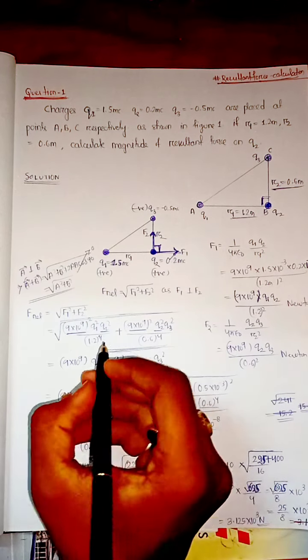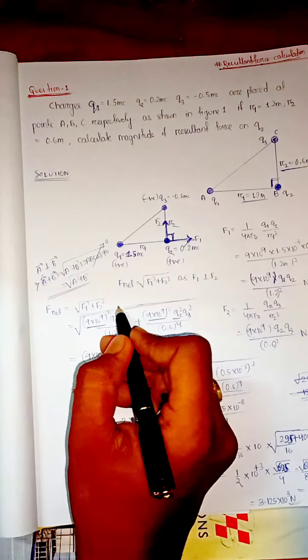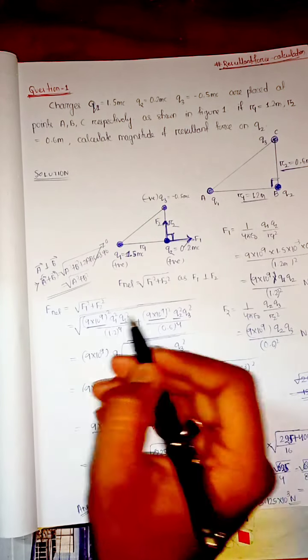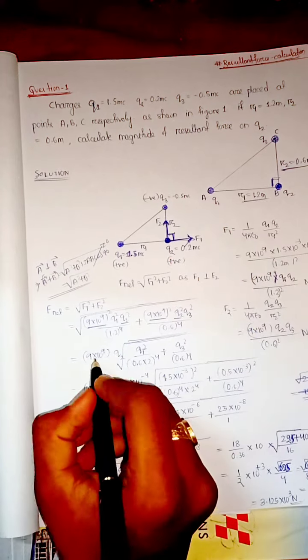So here we have to find the square root of F1 square plus F2 square. We have to find the common things so that we can take them common; their square and root will cancel out and they will go outside with power 1.